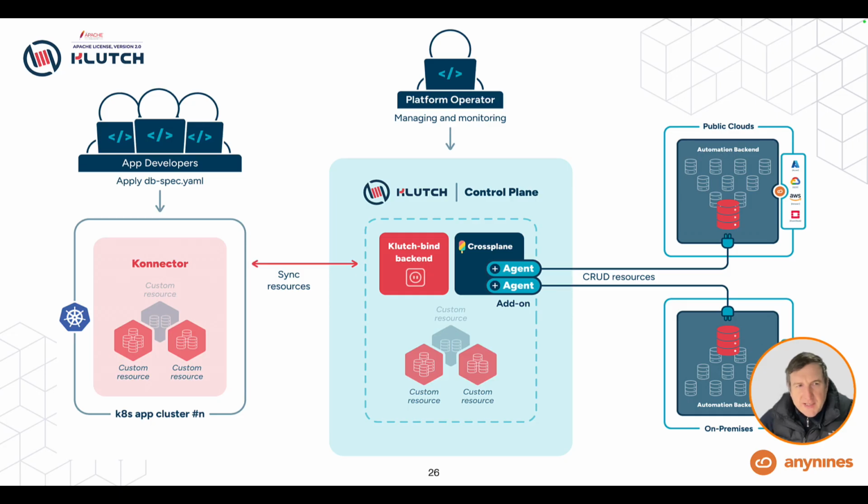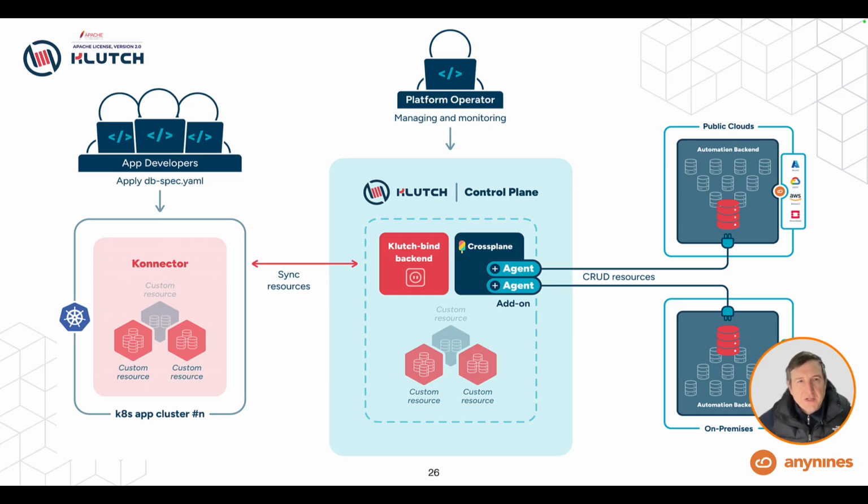So the resulting architecture postulates the existence of a lot of Kubernetes clusters on the left, which are here called Kubernetes application clusters or workload clusters. You have a central control plane where Klutch runs. Currently, we use Crossplane for writing integrations, but there's also a path for writing your own Go-based operators.